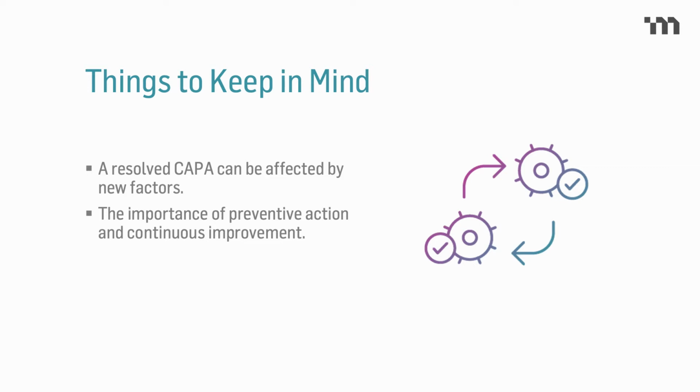Right. So new factors can affect whether your CAPA has really been resolved or not. So there's the importance of putting in place checks so that you can continually improve and keep monitoring even those CAPAs that you've considered closed. Right, and how do you do that on paper?